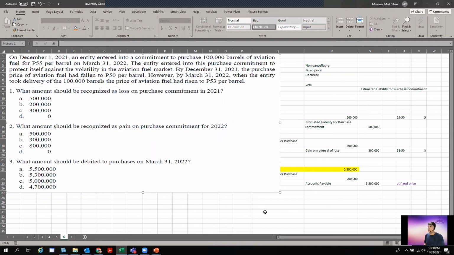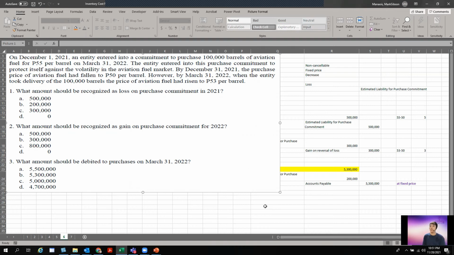So let me read the problem first. On December 1, 2021, an entity entered into a commitment to purchase 100,000 barrels of aviation fuel for 55 pesos per barrel. On March 31, 2022, the entity entered into this purchase agreement to protect itself against the volatility in the aviation fuel market.